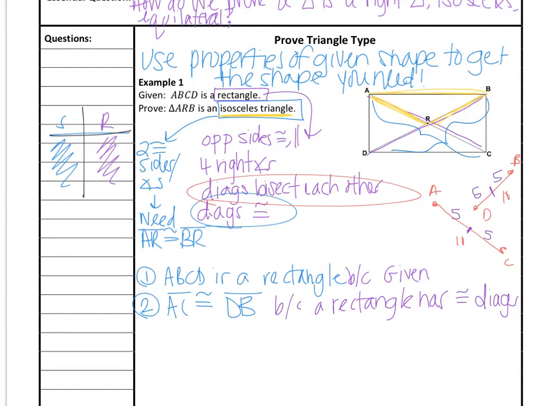So if the diagonals bisect each other, and they're congruent by the way, then I know that every single piece, AR is congruent to CR, which is congruent to DR, which is congruent to BR. Remember again, we took those 10s from both congruent diagonals and split them in half, 5, 5, 5, 5.